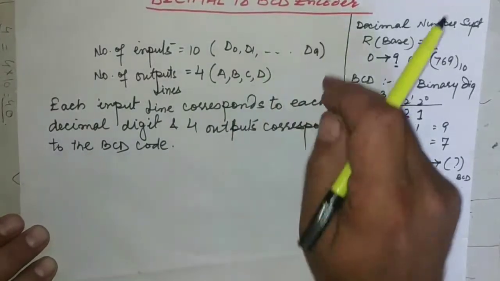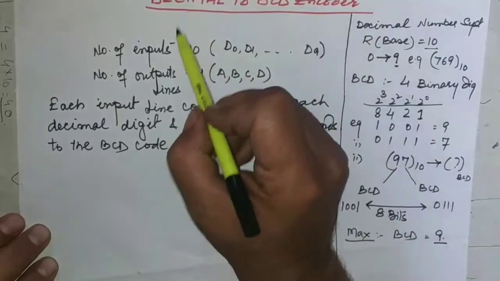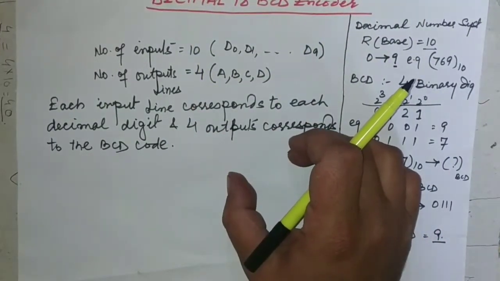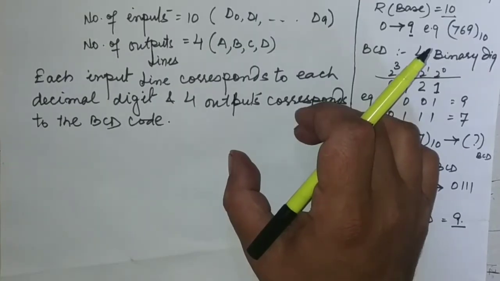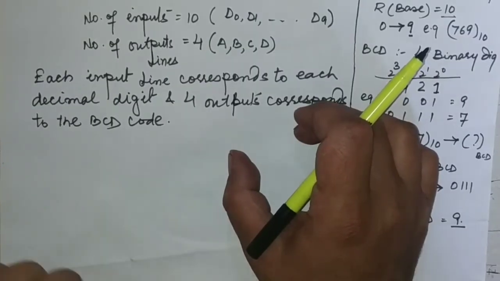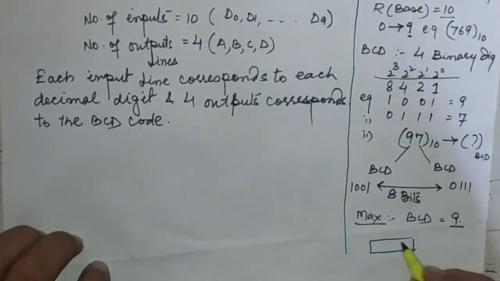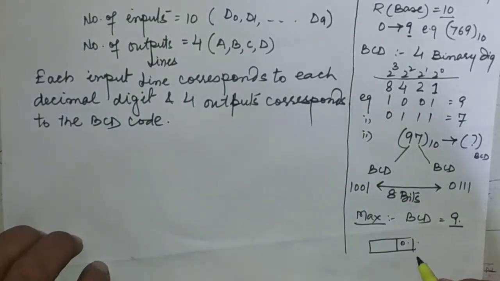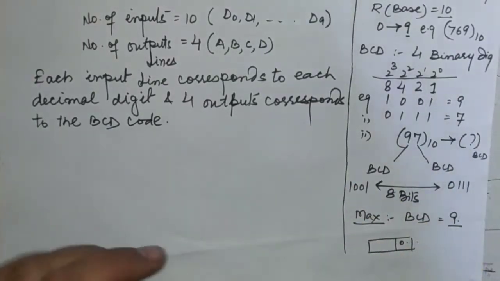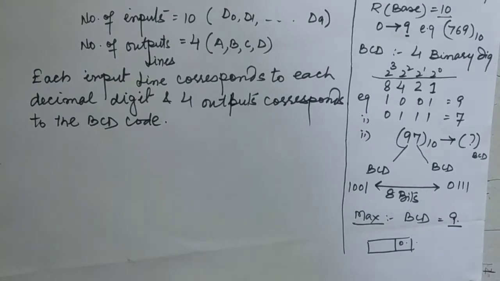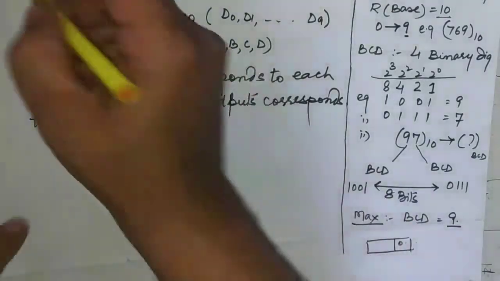So this type of encoder converts a decimal code into BCD code. And we also know that in our automobile systems, the speedometer actually ranges from 0, 1, 2, 3, 4, 5, 6, 7, 8, 9 and then back to 0. So at that time also BCD number is used. So this is what we require before we go for the block diagram.